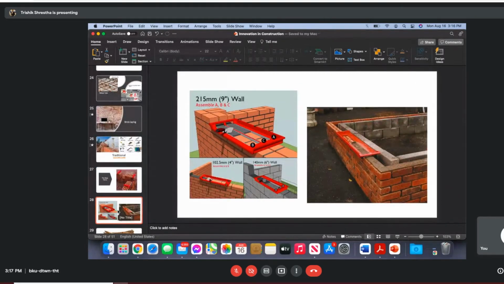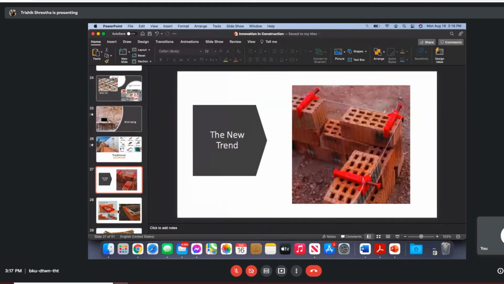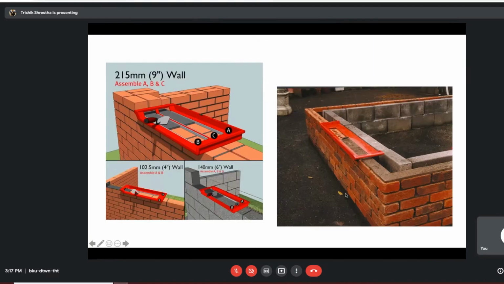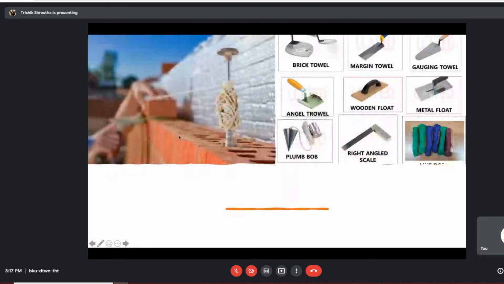I'm trying to import these tools right now as we speak, but they are yet to be widely used in the construction industry in Nepal. If you have seen these tools being used somewhere in Nepal, then do let me know. I would really like to visit that construction site.